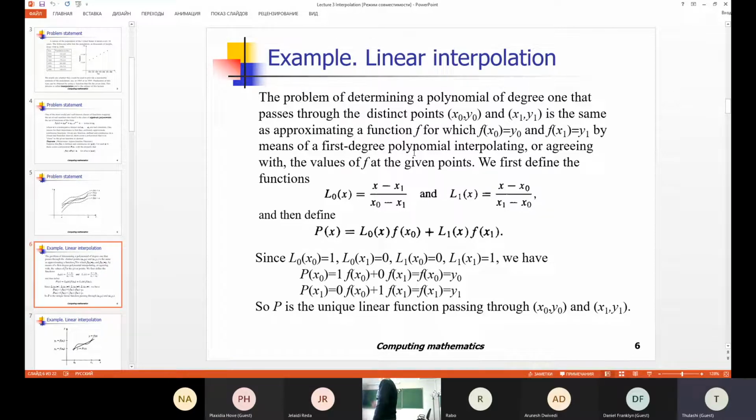Some suggestion is written here on the slide, but I ask you to do it manually. What can you say about the first term? This term, when x equals x0.